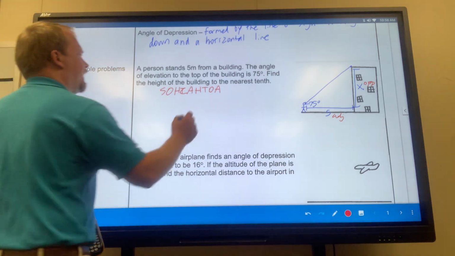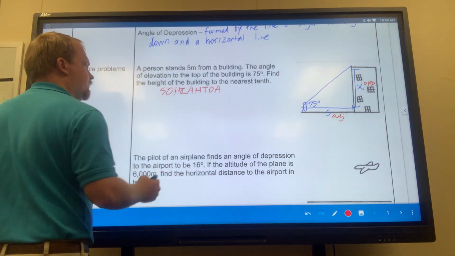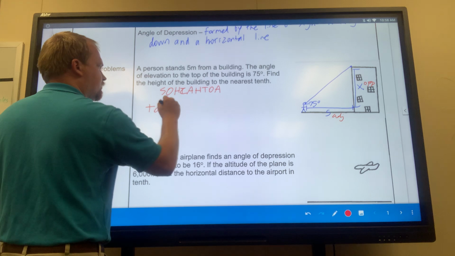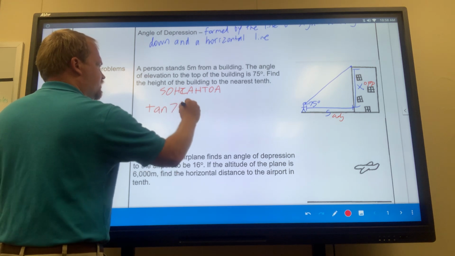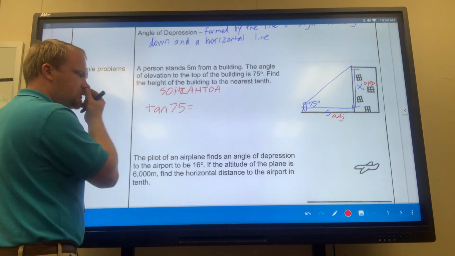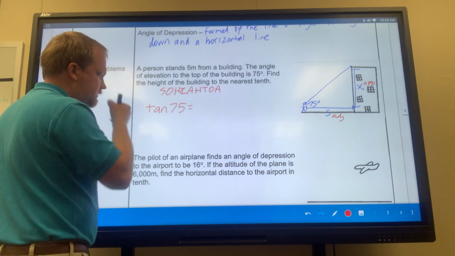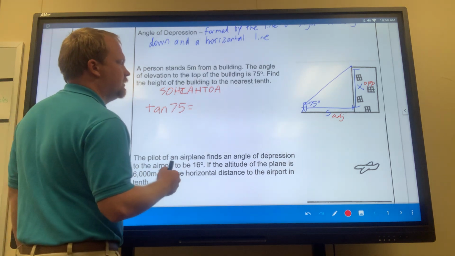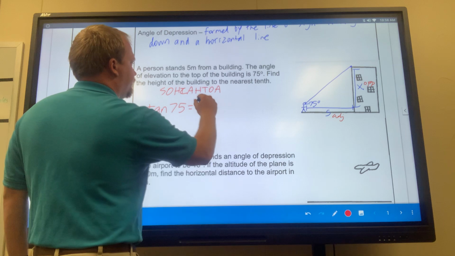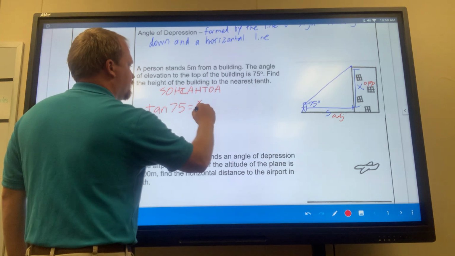So, I know I have opposite over adjacent, so I gotta use tangent. Now, tangent of 75 equals the opposite over the adjacent.